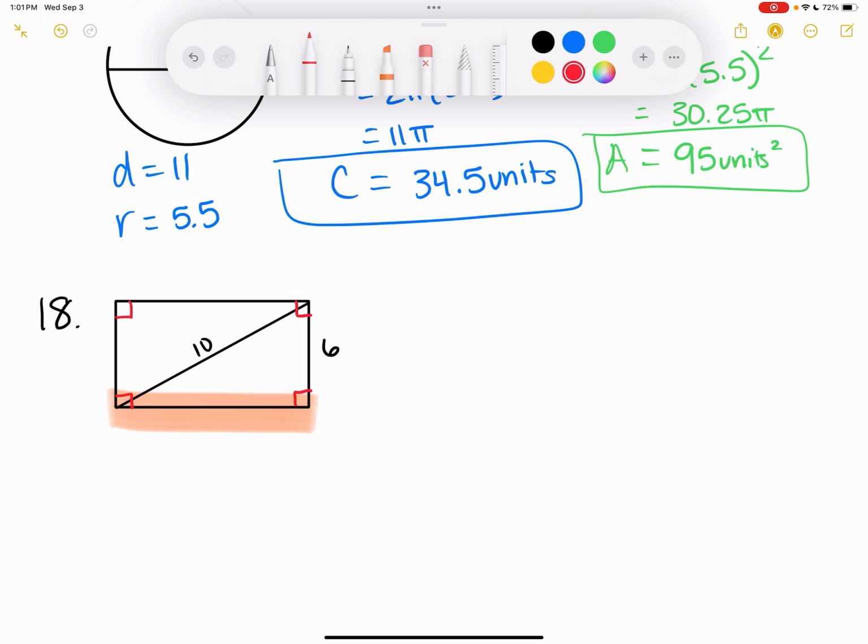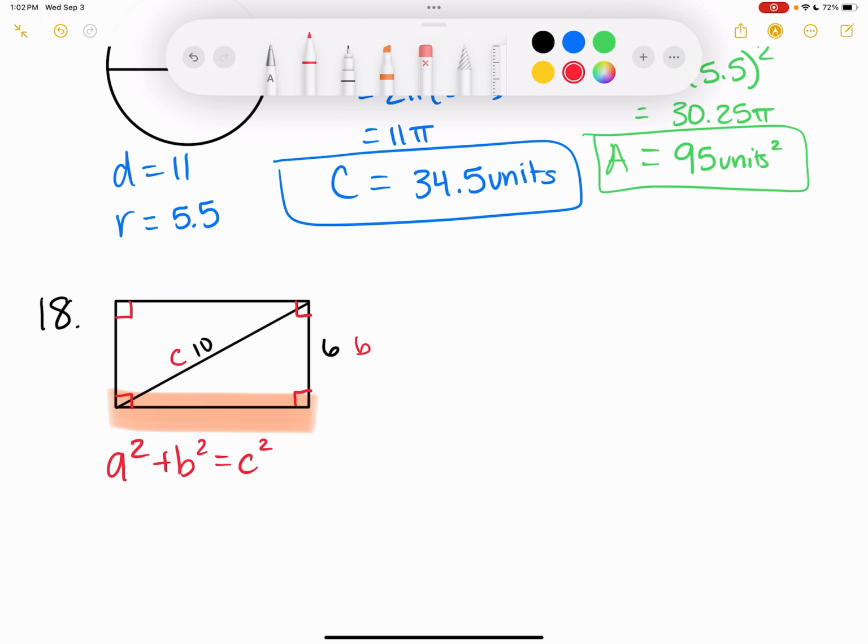Pythagorean theorem is a squared plus b squared equals c squared. I think that might have been one of the formulas that you put in your book, but hopefully you already know this from Algebra 1. So this is C. This can either be A or B. It doesn't matter. I'm going to call it B because why not? So I'm solving for this side over here.